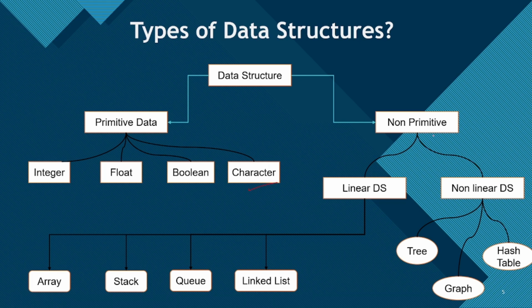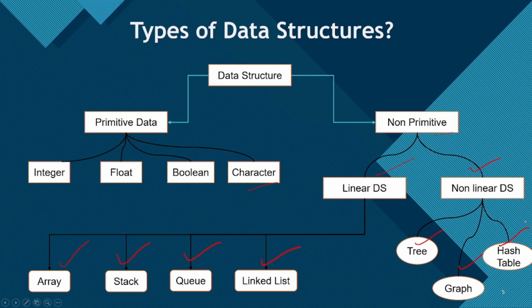About the non-primitive data types, we get linear data structures and non-linear data structures. The linear data structures include array, stack, queue and linked list. We will learn these one by one in our upcoming lectures. And the non-linear data structures are trees, graphs and hash tables.